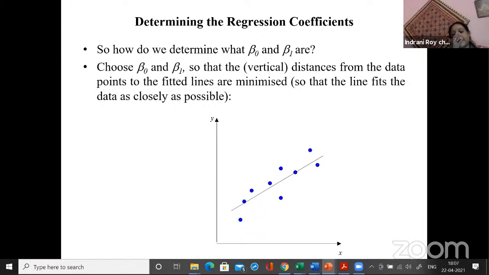So anybody can challenge the others by saying that, no, this is a different line, this is the unique best fitted line. So in that case, there should be some principle based on which you can derive the best fitted line, so that nobody can challenge that best fitted line or your regression line.